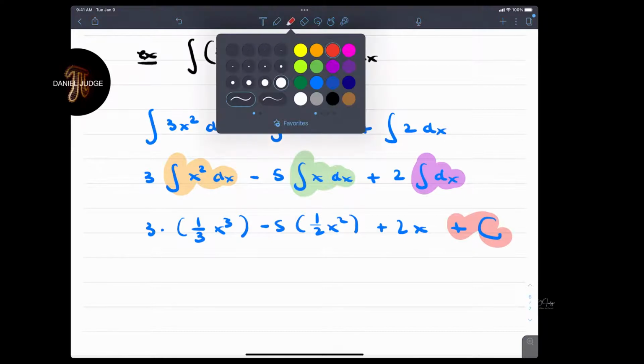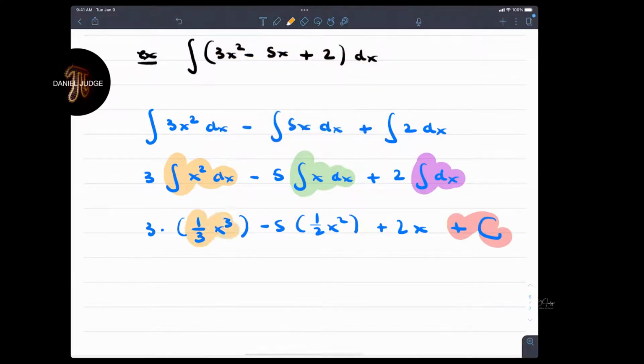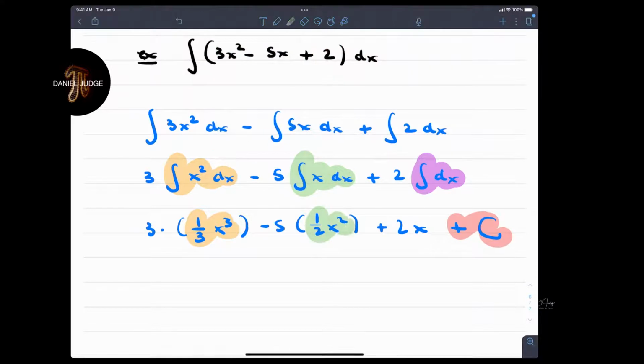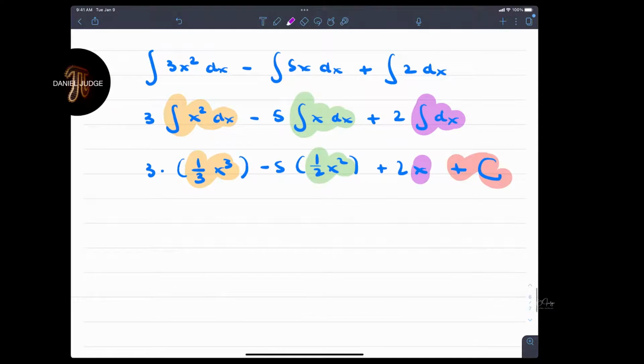And what you have found here is the antiderivatives. You've used the power rule essentially for these. And there you go. So, ladies and gentlemen, we are practically done now. This is going to be the final answer: 3 times 1/3 x to the third minus 5/2 x squared plus 2x plus the constant c.